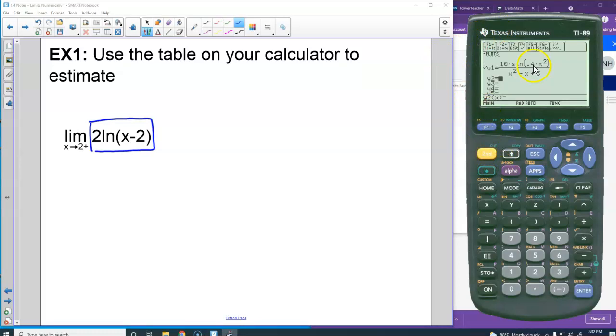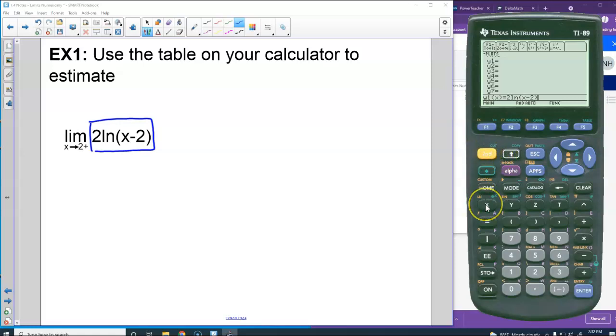So I had this crazy function here. You guys probably have something else crazy. We're just going to go up there, hit clear to clear it out, and type in your 2 natural log x minus 2. Natural log is, yours is not yellow, is it? The new ones, what are they? It's a blue button, isn't it?